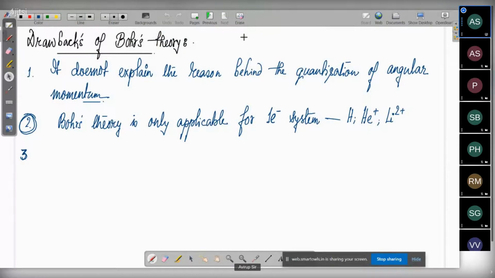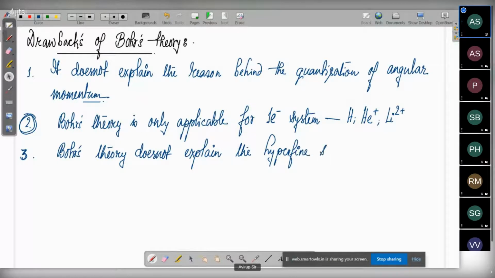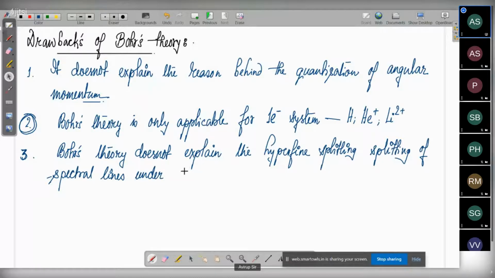That is fine. Then Bohr's theory does not explain the hyperfine splitting of spectral lines under certain conditions.